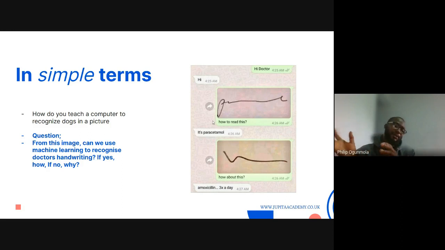So from this image, can we use machine learning to recognize doctor's handwriting? If yes, how? And if no, why? I've already answered it, but who can answer me? Is it possible to use machine learning to recognize doctor's handwriting? Anybody?